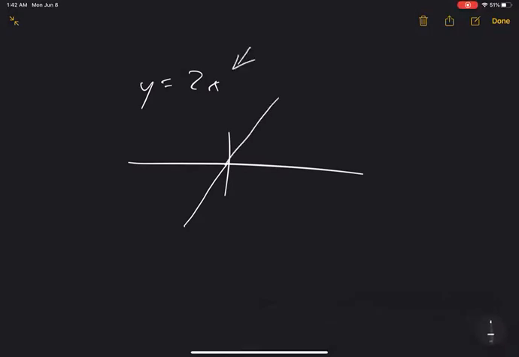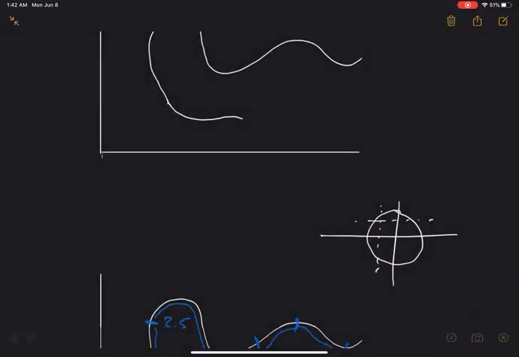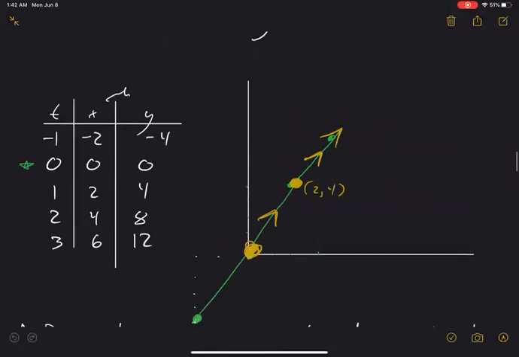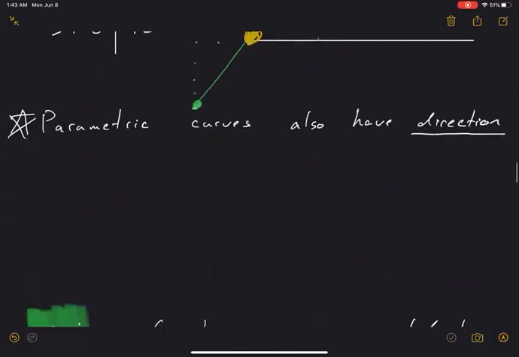Well, there's nothing here that indicates what direction my mental car would be going. It could be moving this way along the line, or it could be moving that way along the line, okay? But these parametric curves have the idea of direction built in. So as t increases, we see we're moving this way. So that's a cool little thing about parametric curves.